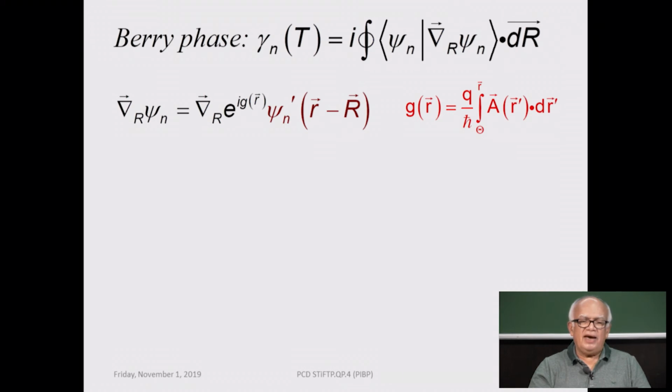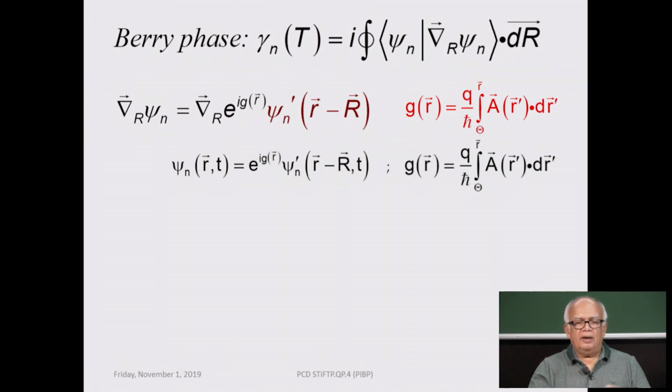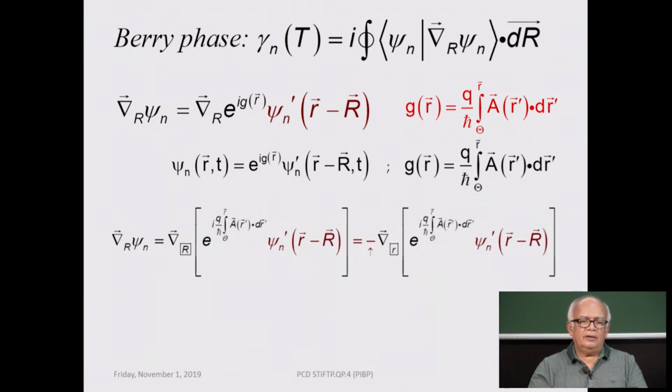So, the gradient of psi itself is the product of e to the ig times psi prime, right. So, take the gradient with respect to the uppercase R on the left hand side, and on the right hand side I take the gradient with the lowercase r vector.